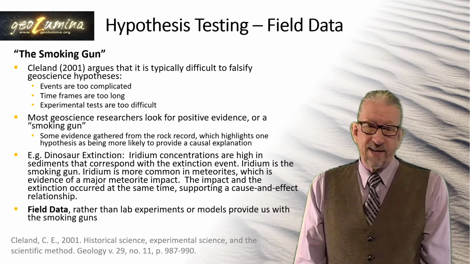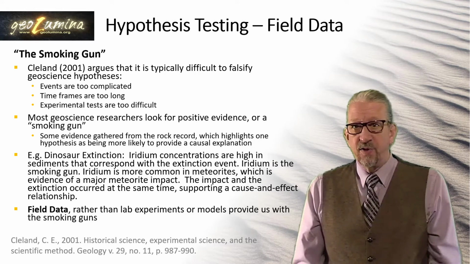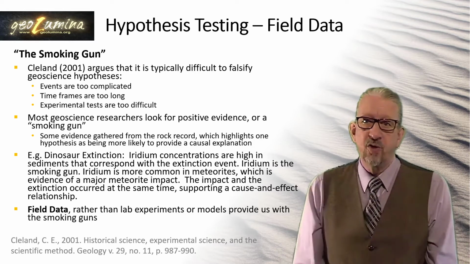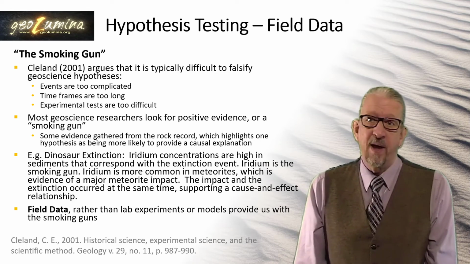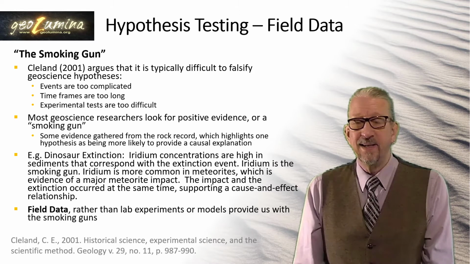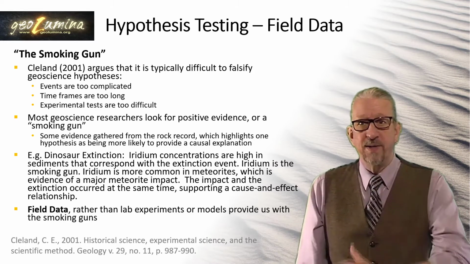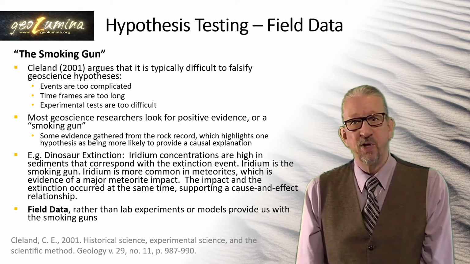So an example of this is the dinosaur extinction. So geoscientists looking at that horizon, trying to understand what might have happened at that horizon, doing detailed analyses, discover that at the stratigraphic horizon where dinosaurs largely disappear, there's an iridium anomaly.